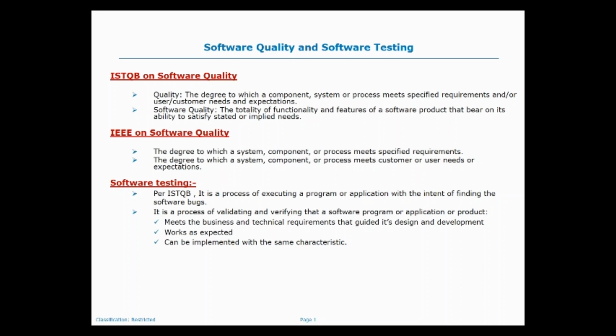So let's start with this basic word, quality. What exactly is quality? What do we understand by the word quality? When we say quality, a few people may say they want something robust, which doesn't break.